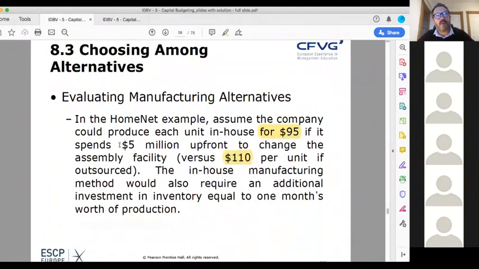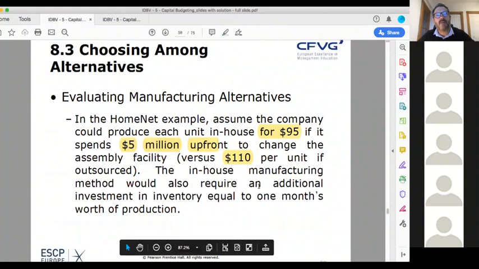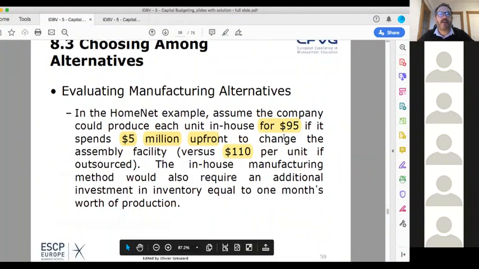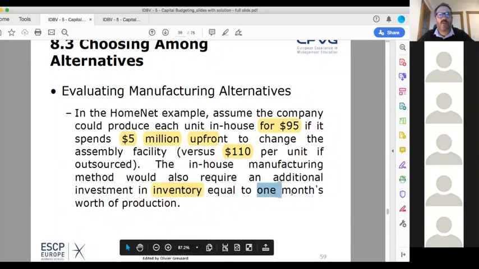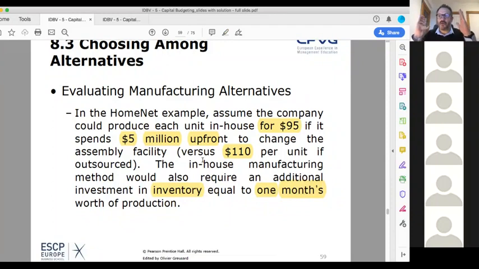That would mean that the company would have a 5 million upfront cost to consider in this scenario. The in-house manufacturing will also require additional investment in inventory equal to 1 month's worth of production. So we consider the two solutions: we manufacture ourselves or we outsource.